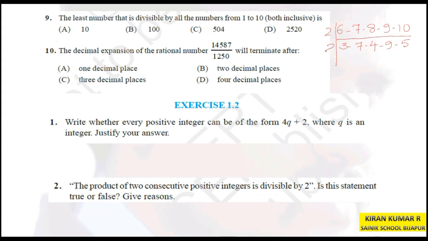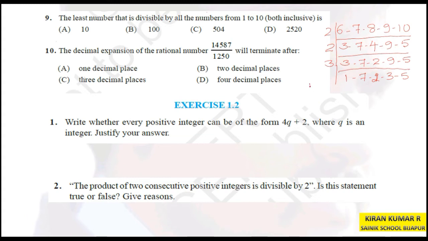Further, I'll divide by 2, so 3 as it is, 7 as it is, 2 becomes 1, 9 as it is, 5 as it is. Now I shall divide by 3: 3 becomes 1, 7 as it is, 2 as it is, 9 becomes 3, 5 as it is.